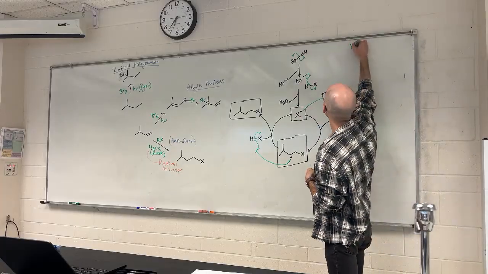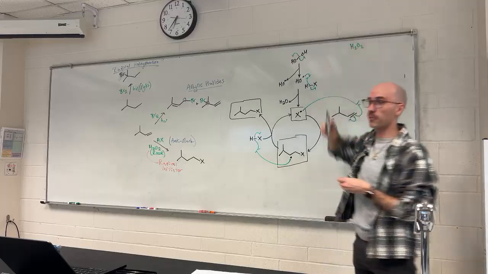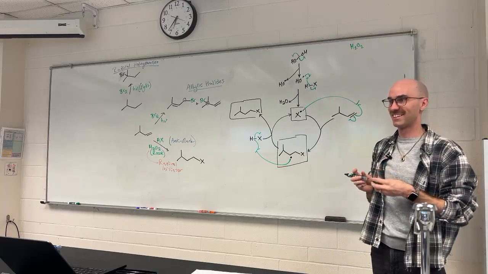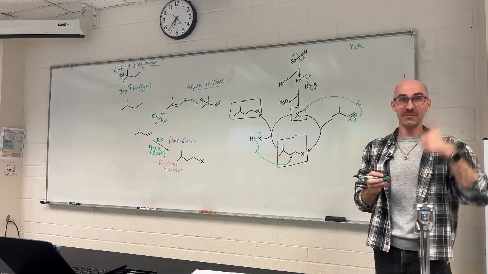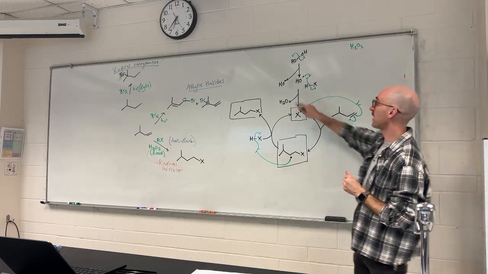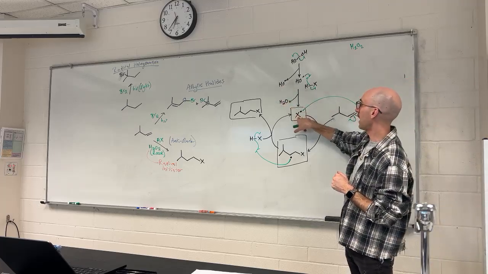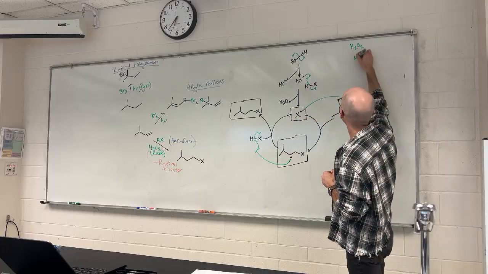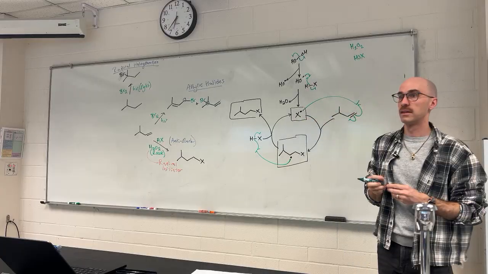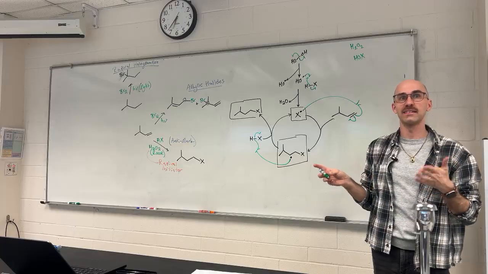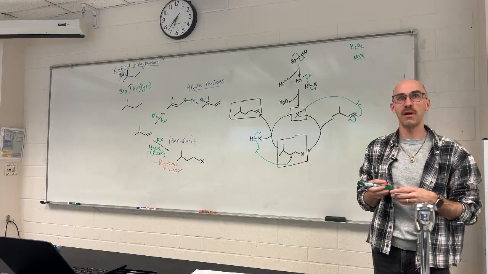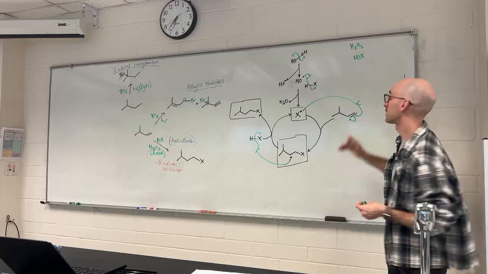So I could reform my oxidizer. So that's one of them. I could also take a peroxide radical and a halogen radical, and I could form a hypohalogenous acid, which is a terrible word.